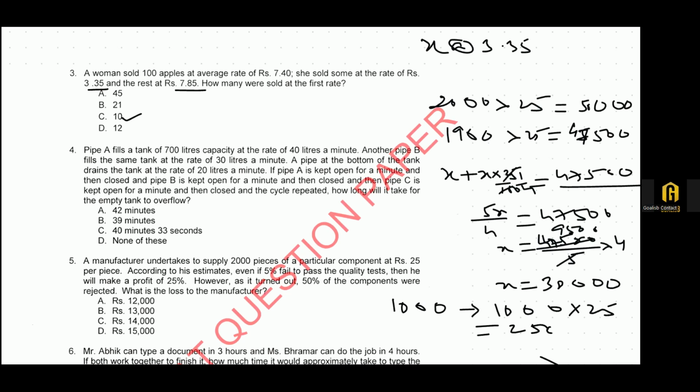So he spent 38,000 in manufacturing those components, and he received only 25,000 because the rest of them were defective and were rejected. So there is a clear cut loss of 38,000 minus 25,000, 13,000. So that is your answer, 13,000. Let's move on to the next question.